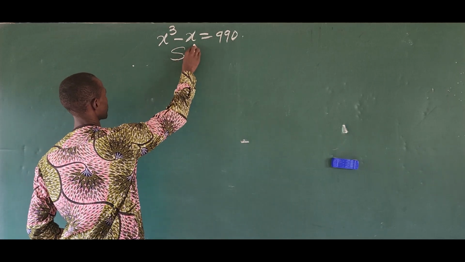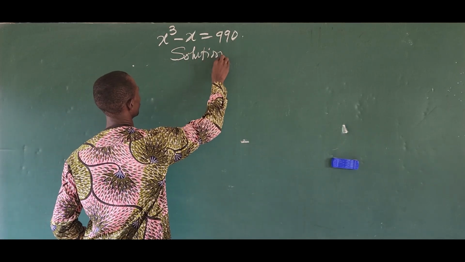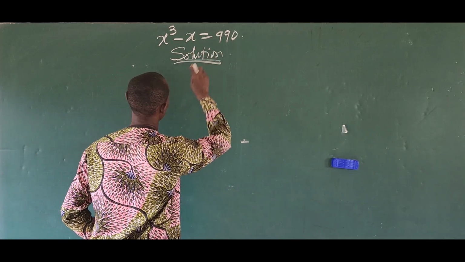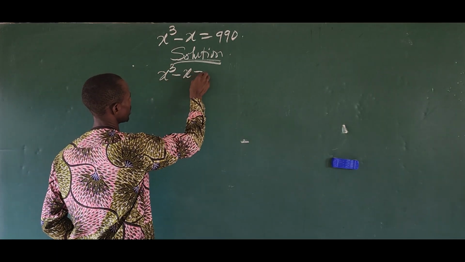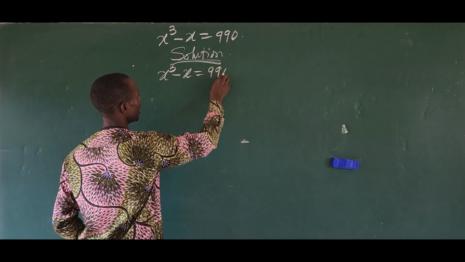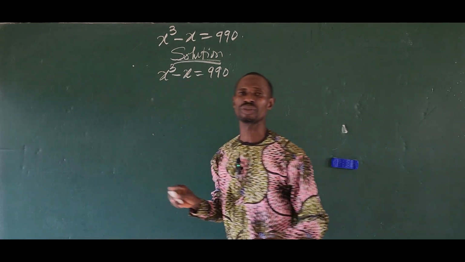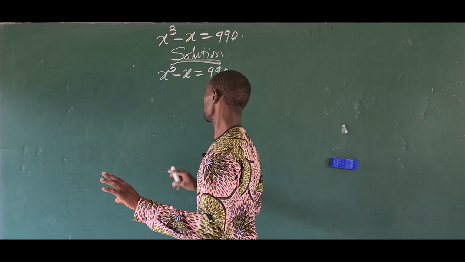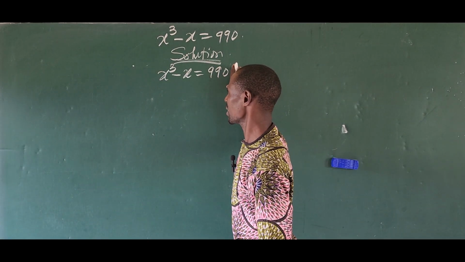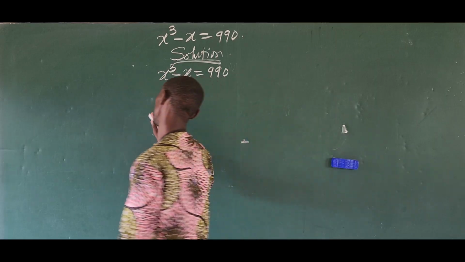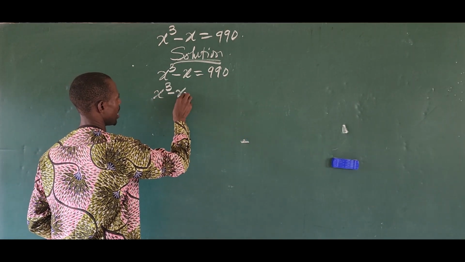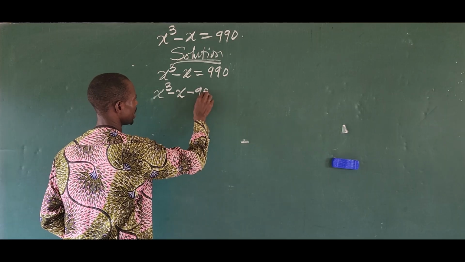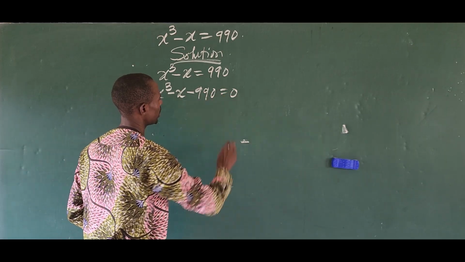So let's take our solution here. All right. Now, let's put down the question. We have x to the power of 3 minus x equal to 990. So the first thing we're going to do here is to move the quantity we have on the right-hand side to the left-hand side. So this is going to give us x to the power of 3 minus x, then minus 990 equal to 0.